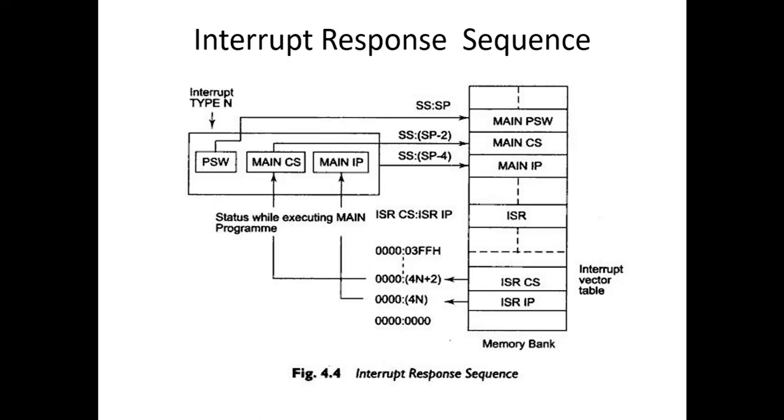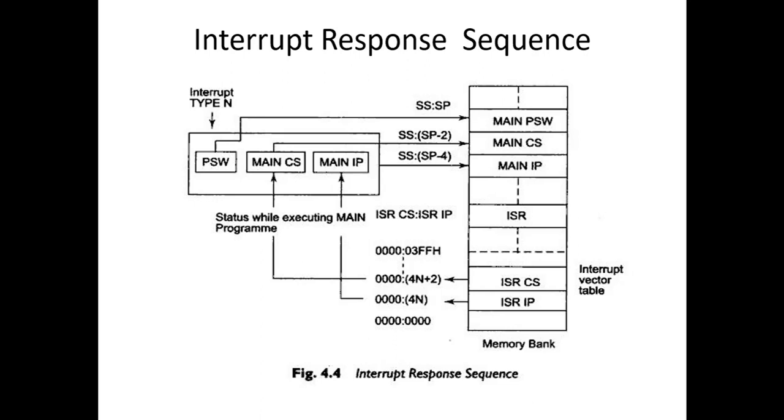The CPU then acknowledges the requesting device through the pin INTA, that is the interrupt acknowledgement pin. If it is NMI, then it will directly acknowledge the signal. If it is INTR, it will check the interrupt flag.